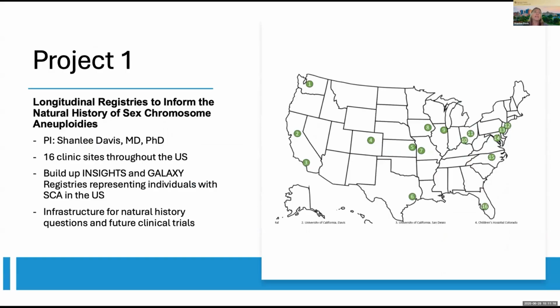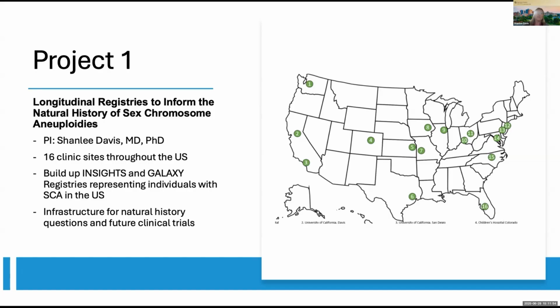So project 1 is longitudinal registries to inform the natural history of all SCA conditions. This builds up our existing registries, called Insights for Turner syndrome and Galaxy for other X and Y chromosome variations. These are clinical registries at 16 different clinic sites throughout the US, and we ideally want a representation of individuals with SCAs that appropriately represents the entire population across the US.